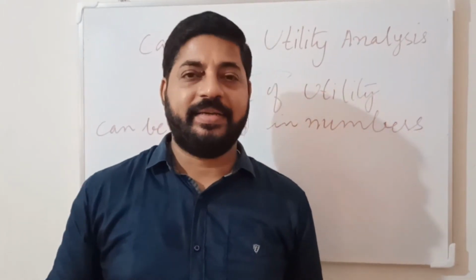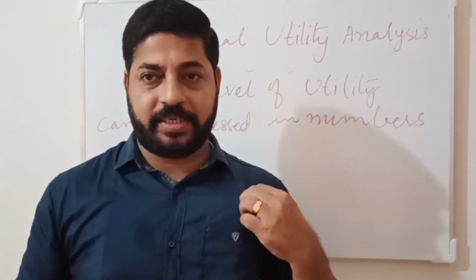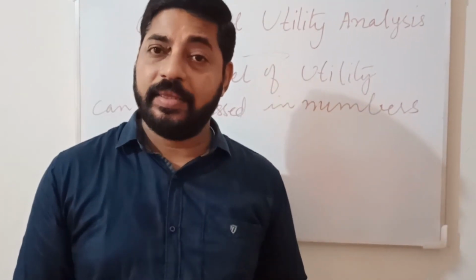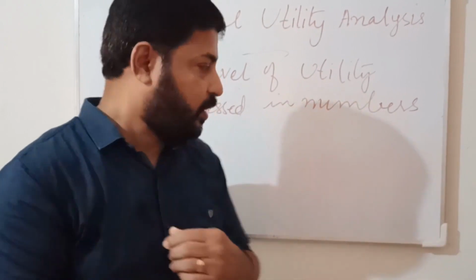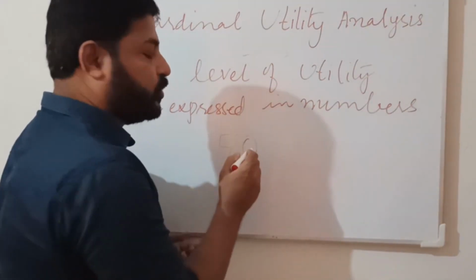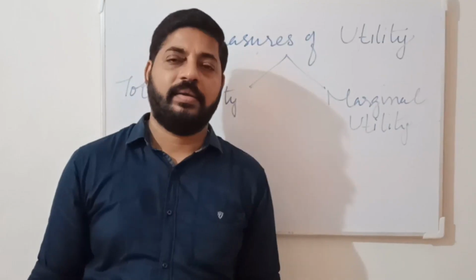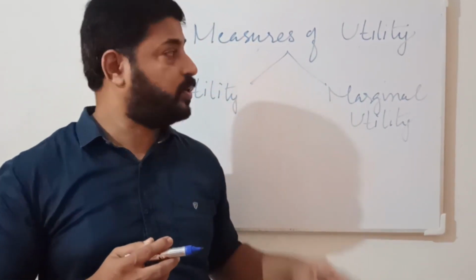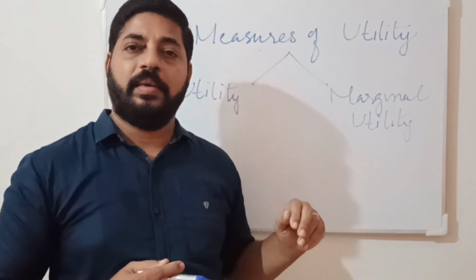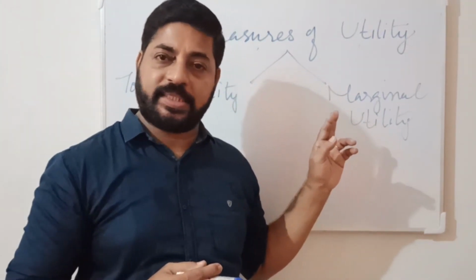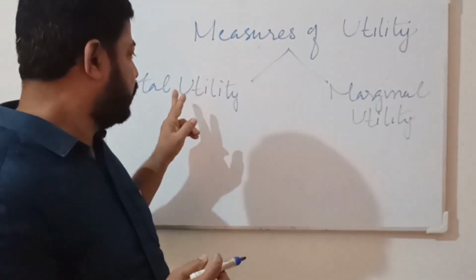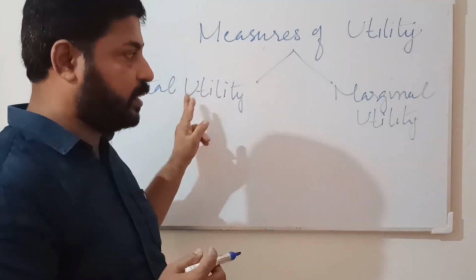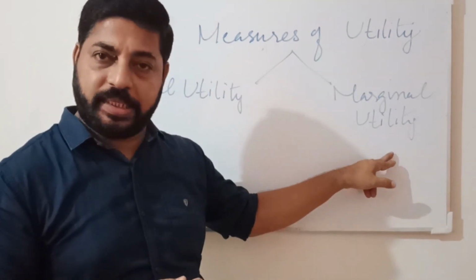We can measure the utility of a shirt and say this shirt gives me 50 units of utility. Before discussing further, let's see the measures of utility. Measures of the utility can be classified into two. They are total utility and marginal utility.